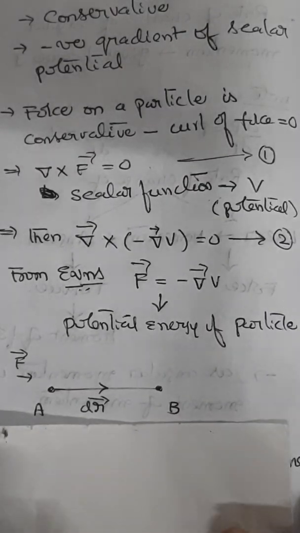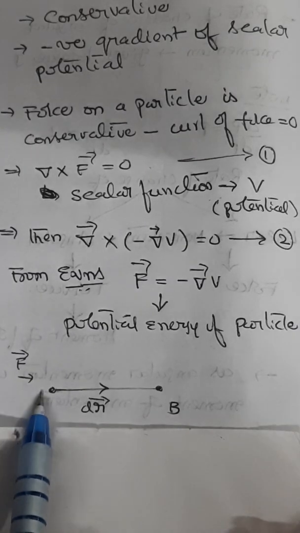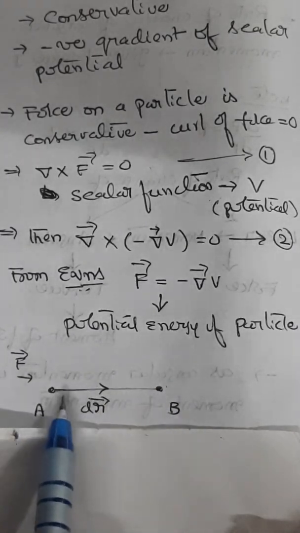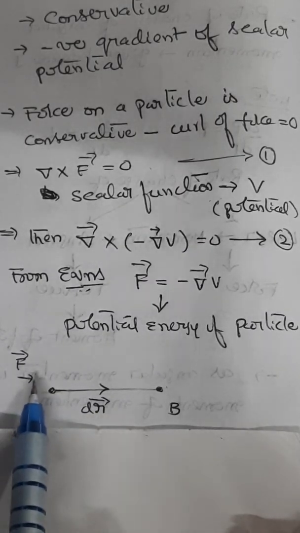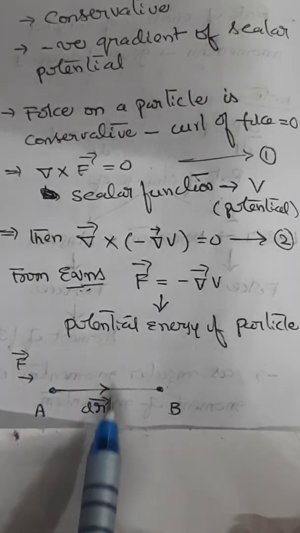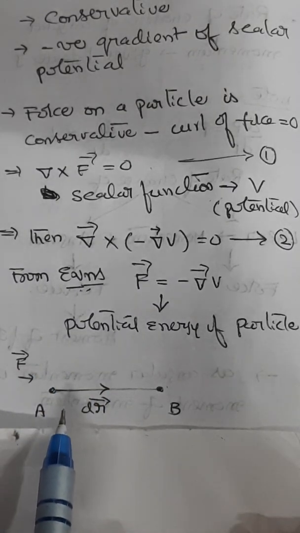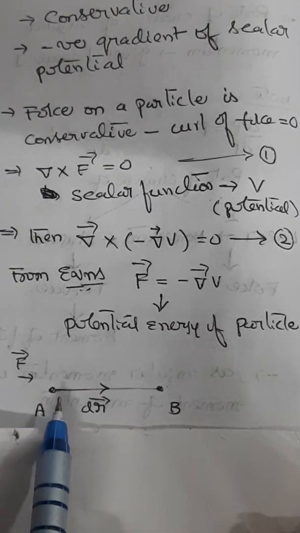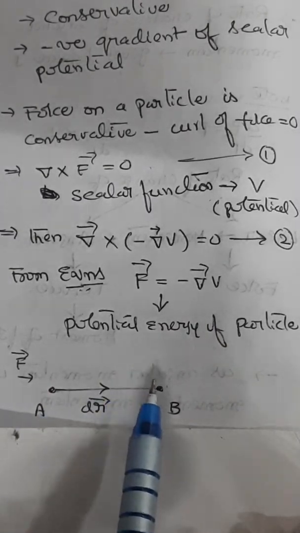Let us suppose a particle is being moved from a position A to another position B, separated by a distance of dr. That means you are applying a force. From A to B, you are trying to move this. Some work is to be done. So when the force is acting on the particle, it displaces it from one position to another position.